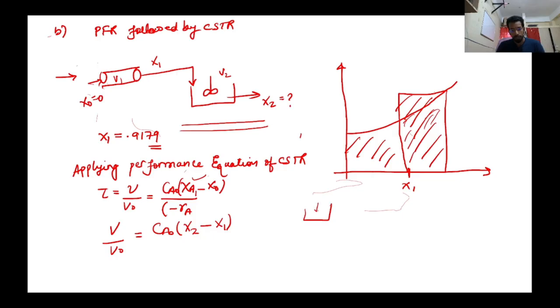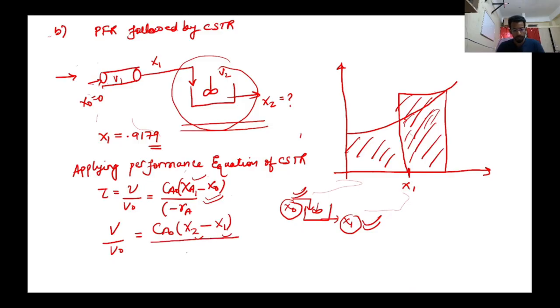When you apply the performance equation on a single reactor, this is X naught and this is X1. Exit concentration always comes first and inlet concentration after. So this general equation is for a single CSTR, but the notation is different here: the exit is X2 and the inlet is X1. Over k CA naught (1 minus XA). CA naught will cancel out.